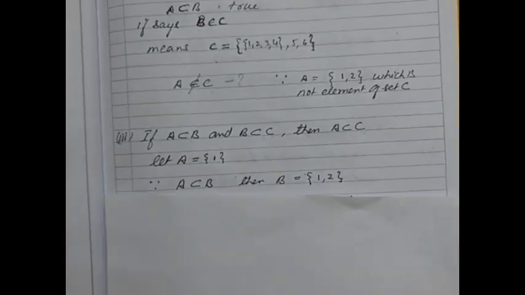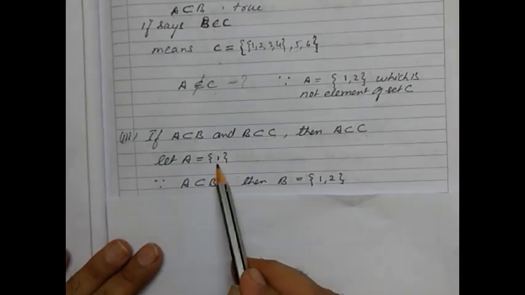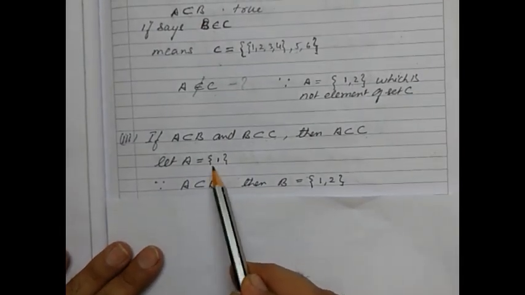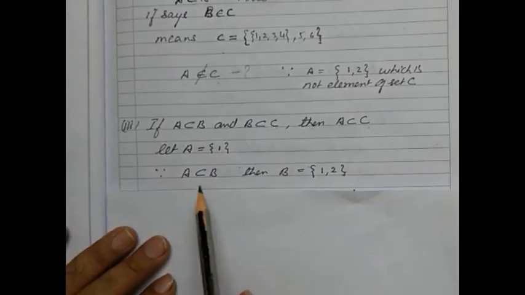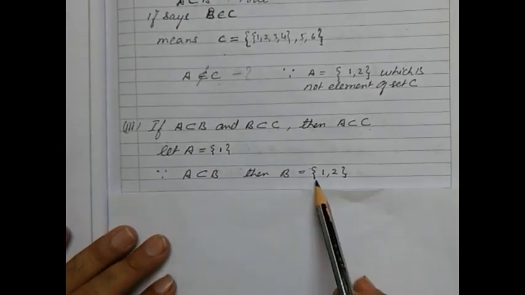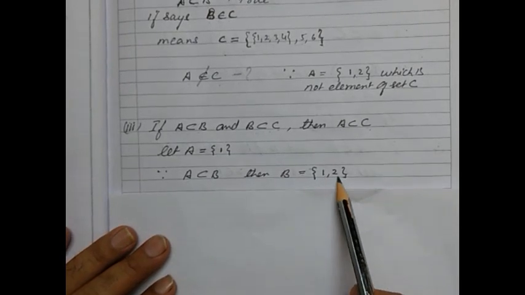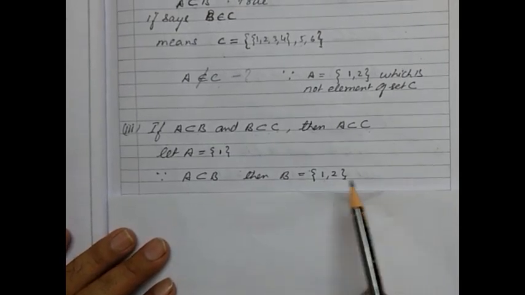For proving, let us consider A is {1}. One element I am taking, as an example. Then A is a subset of B, so we can say B contains the two elements, that is 1 and 2. This is clear.